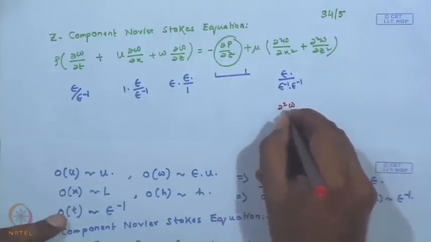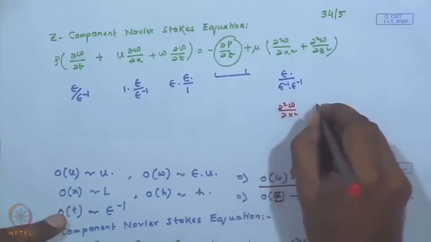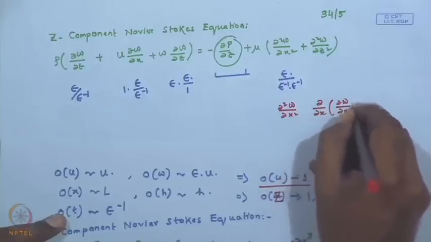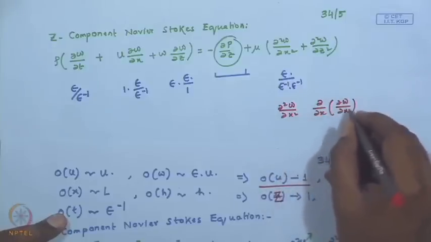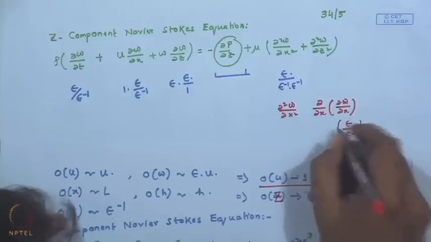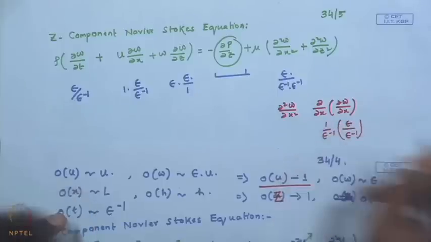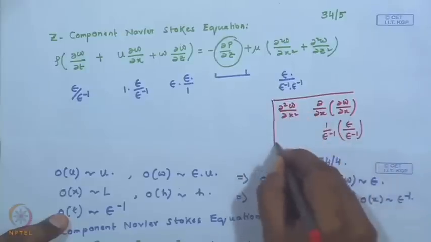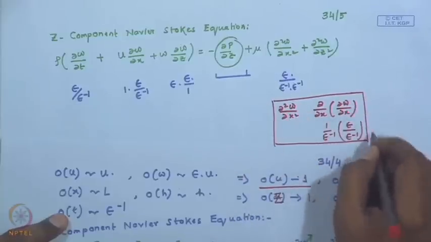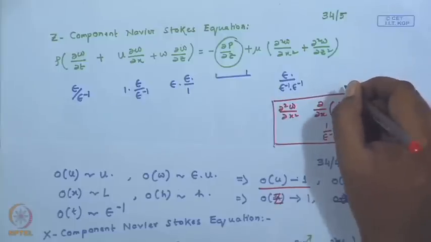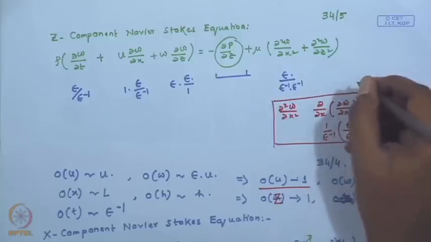Remember that this type of a term, del 2 w del x square, one looks at the order like del x of del w del x. So, first we look at the order of del w del x, it is epsilon by epsilon inverse, and then again look at it as del x. So, it is epsilon divided by epsilon inverse, and the final term, essentially we are looking at del z of del w del z.